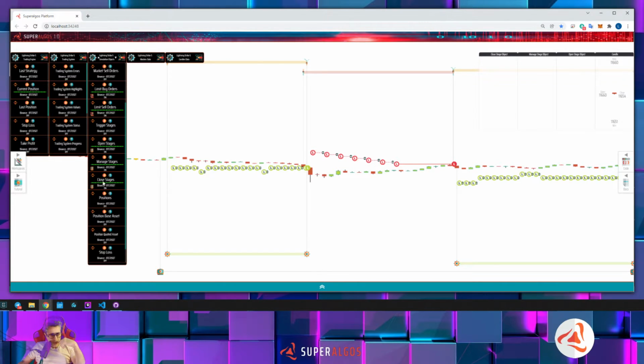Strategy, market by orders, limit order, trigger stages, open stages, position, stop loss, and take profit. Okay, where is the stop loss?